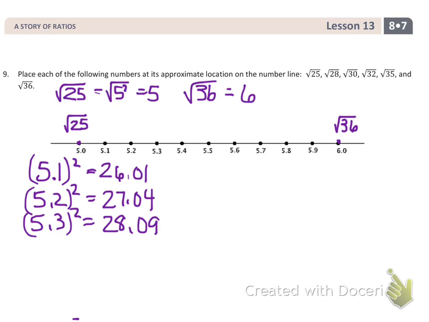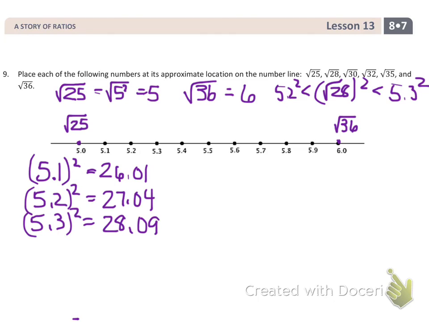So we would say that the square root of 28 squared is between 5.2 squared and 5.3 squared, as the square root of 28 squared is 28.